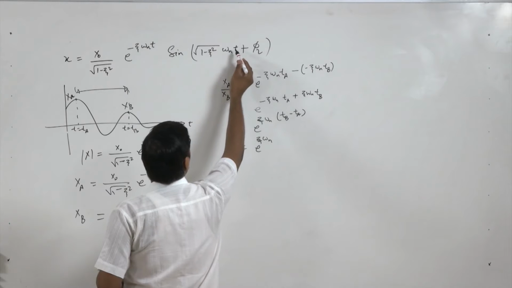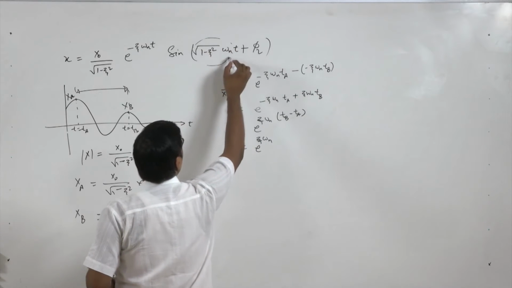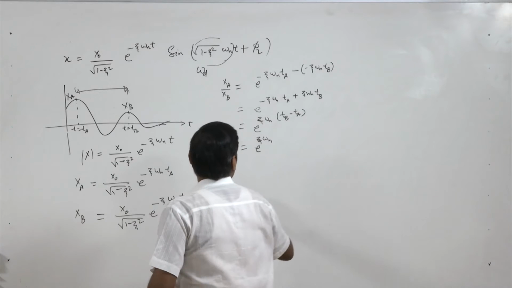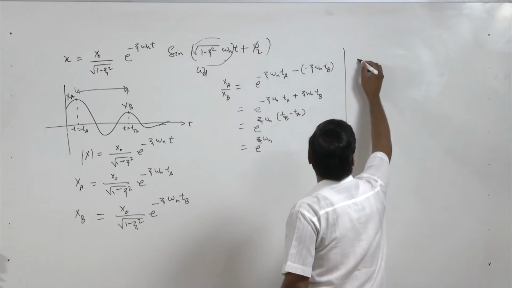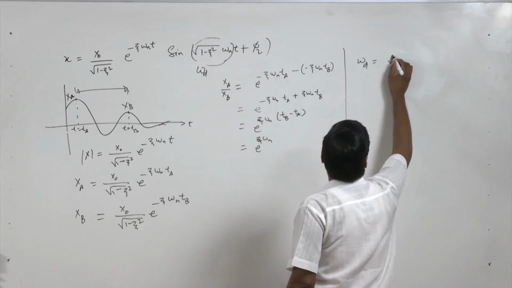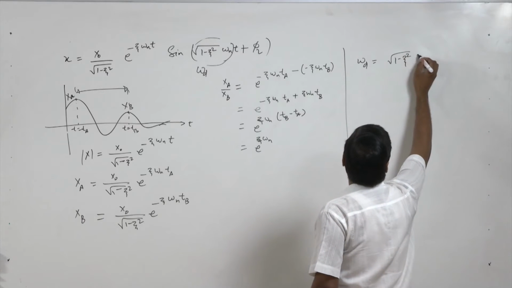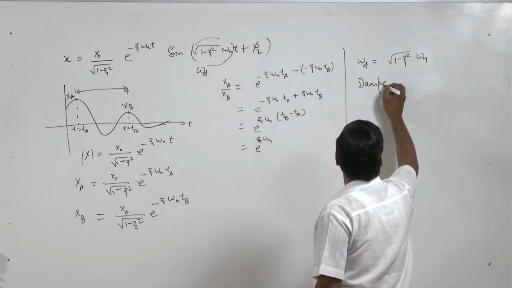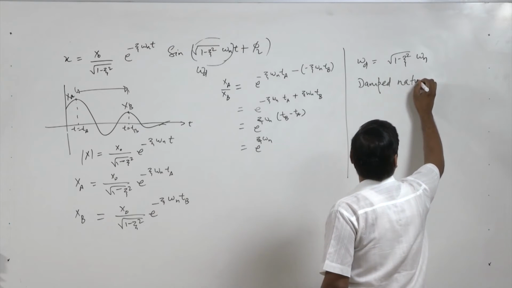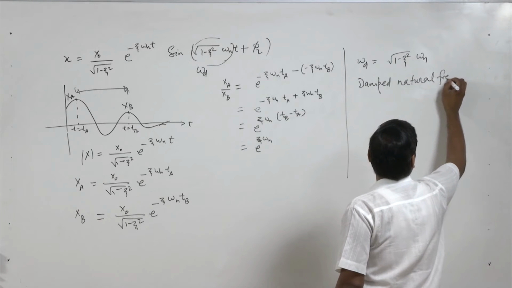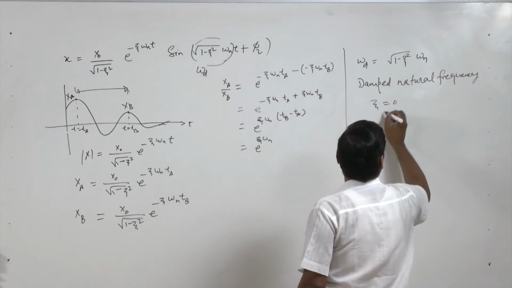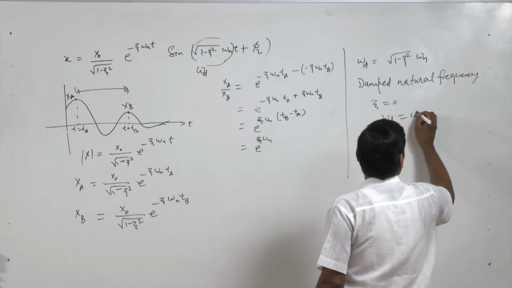The time period comes from omega d, where omega d equals root 1 minus zeta square omega n. This is called the damped natural frequency. When zeta equals 0, omega d equals omega n.